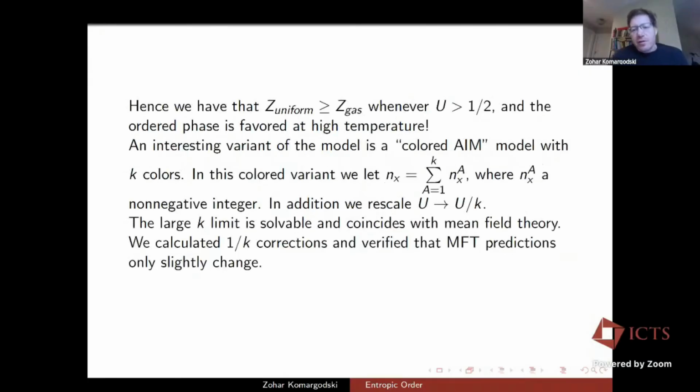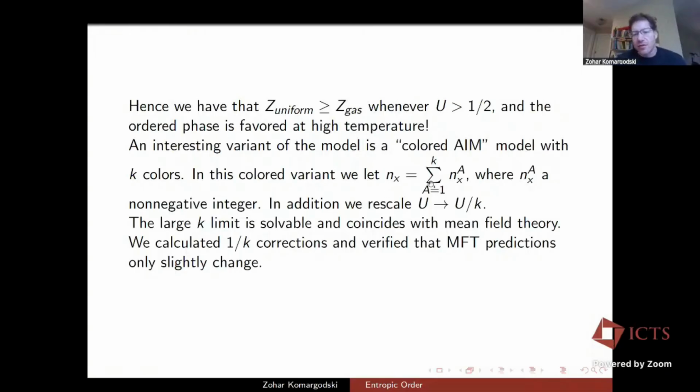Now, mean field theory becomes exact in some limit, which we call the colored arithmetic Ising model. The idea in this model is that a non-negative integer is made out of k independent non-negative integers on every plaquette. It's the very standard large species limit, or large n limit, large k limit, that we use in QFT and condensed matter.